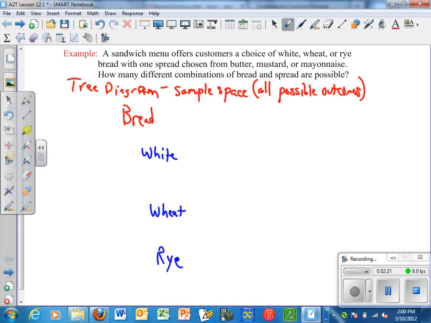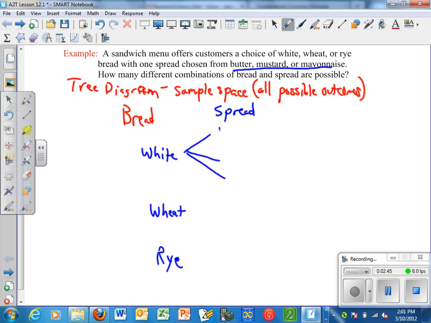So three types of bread. And then a tree diagram has branches coming off of it. So let's say with white bread, we're going to look at the spread that we can put on it. Now, there are three different types, butter, mustard, or mayo. So off of white bread, we need three branches. And so we'll put the spread over here.